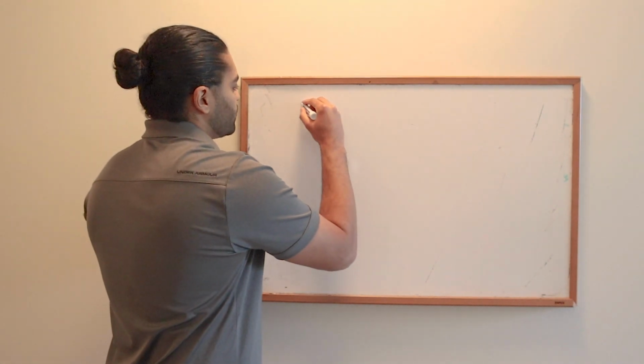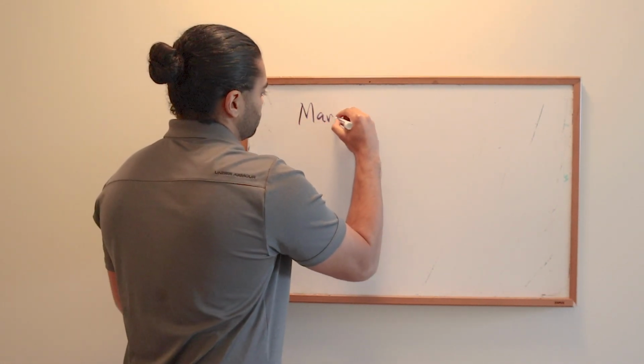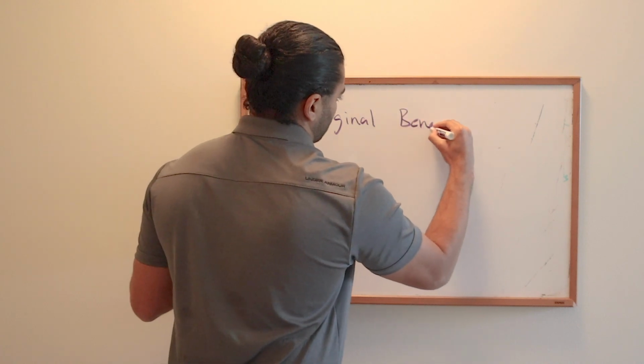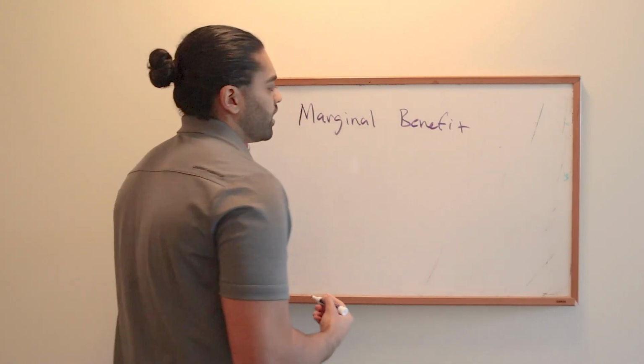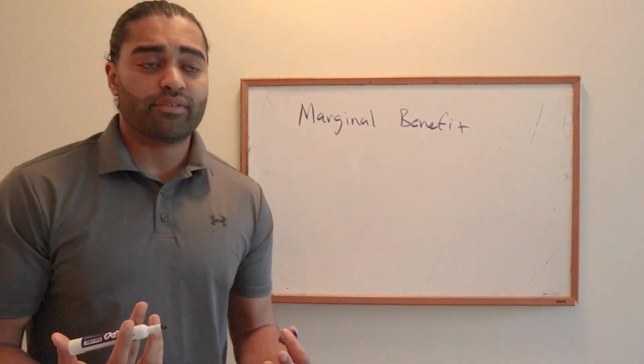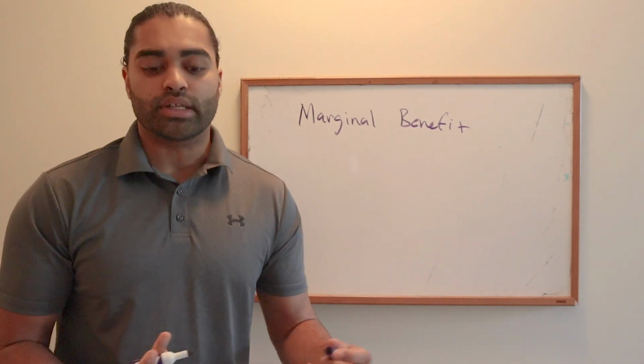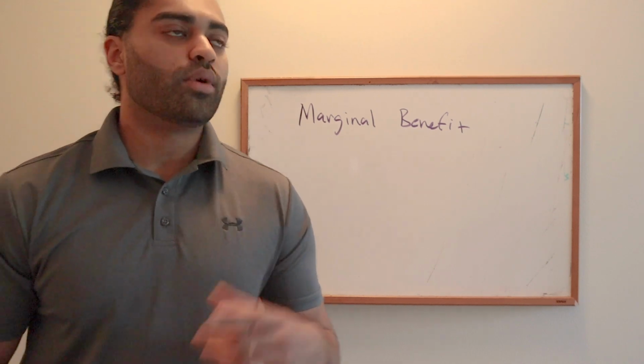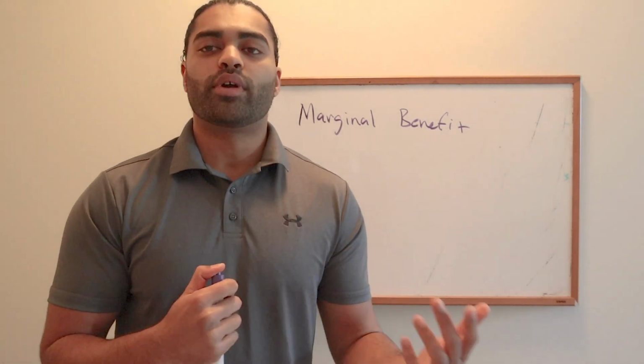So the key thing we look at is marginal benefit. So marginal benefit is the added benefit you get from one additional unit. So in our previous video, we talked about cookies. So if I offer you one cookie to the second cookie, how much more happy would you be?